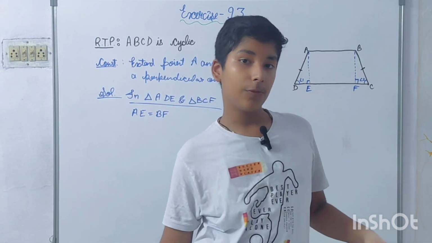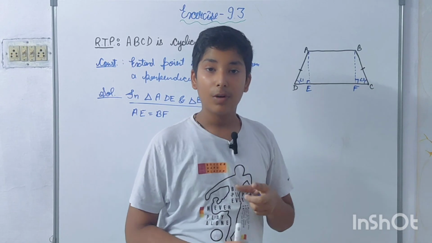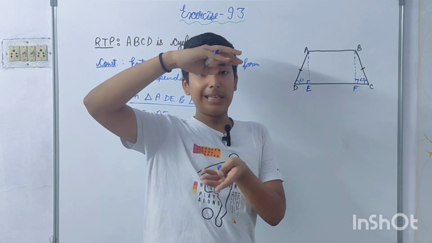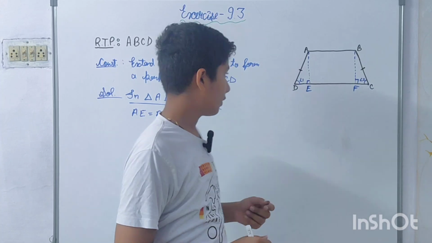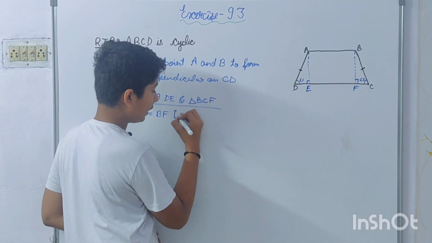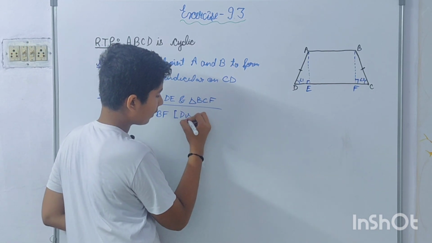Why? First of all, I want to ask you, how are these equal? These are equal because parallel lines are at equal distance from each other. The distance between parallel lines is always constant.